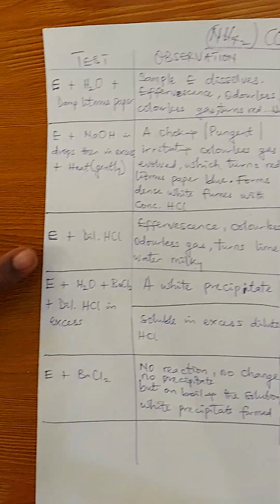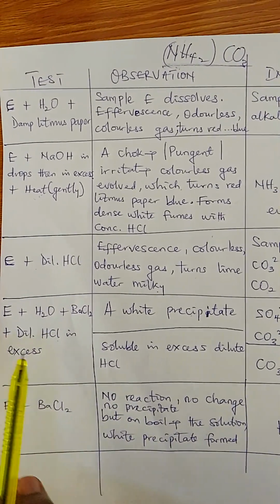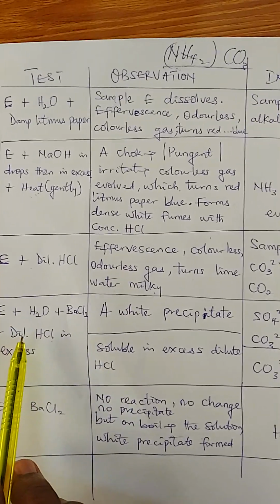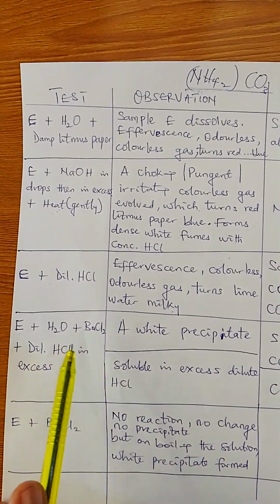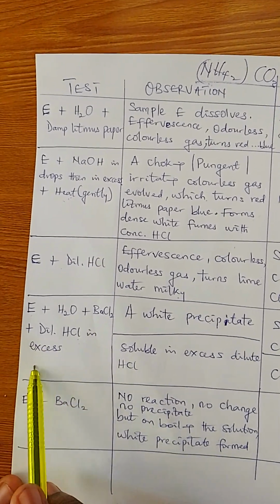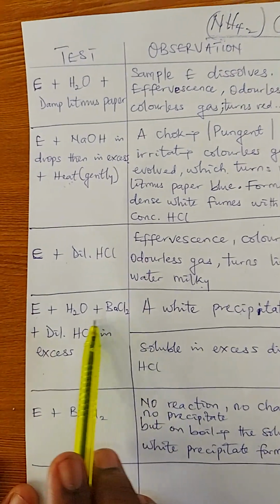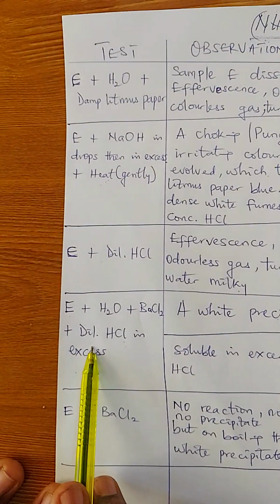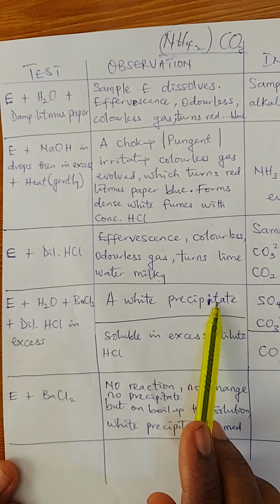All are correct. Okay. Now, another question you could possibly be asked is the sample plus water plus barium chloride plus dilute HCl in excess. Alright, in this case, there are two observations. The first one, when you have not added dilute HCl, you are going to observe a white insoluble precipitate.